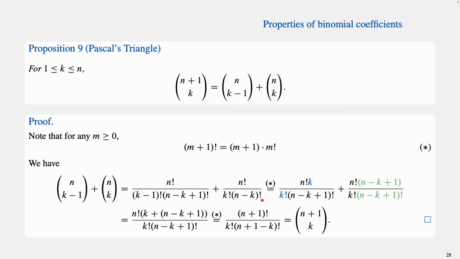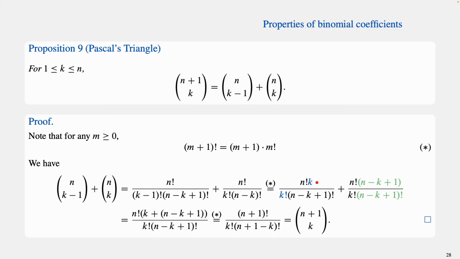Now, I do the following. I want to bring them on the same denominator, so I can add these two fractions here. What I do is multiply this expression by 1, but I write it as k divided by k. So I get a factor k in the numerator and a factor k in the denominator. And this k multiplied with k minus 1 factorial yields k factorial. So that's the same as here.